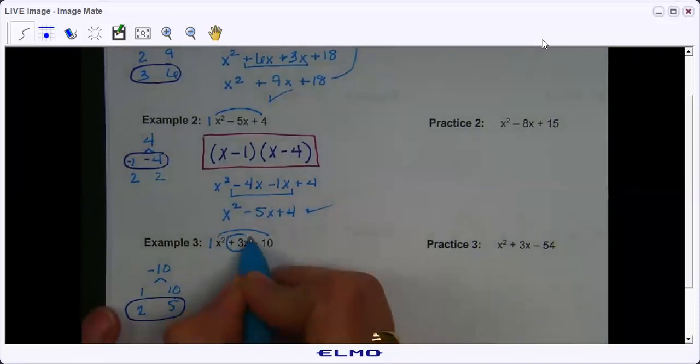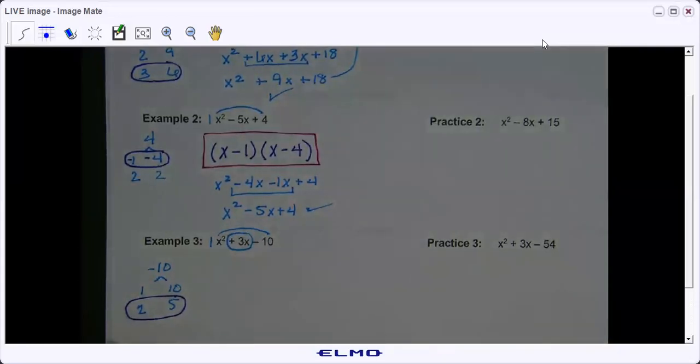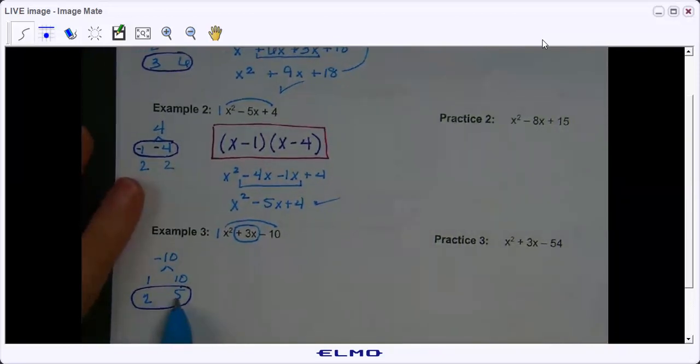Our 3 is positive. So when we add our 2 and our 5, we have to figure out, okay, which one of them is going to be the negative and which one is going to be the positive? Well, if 5 were negative, 2 minus 5 is a -3. But if 2 were negative, -2 plus 5 is a +3.